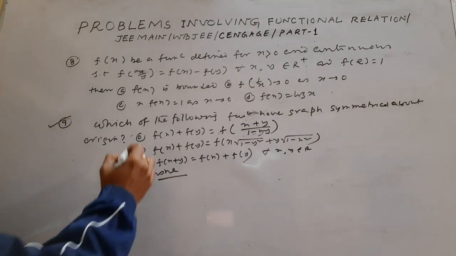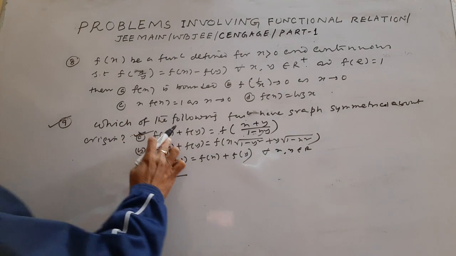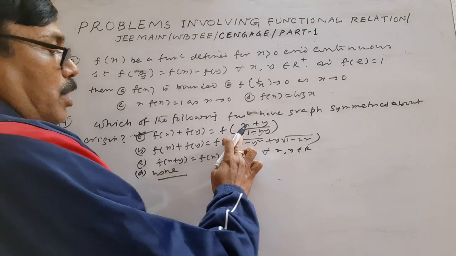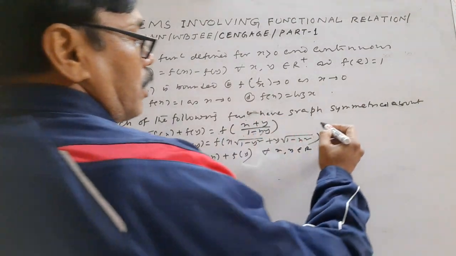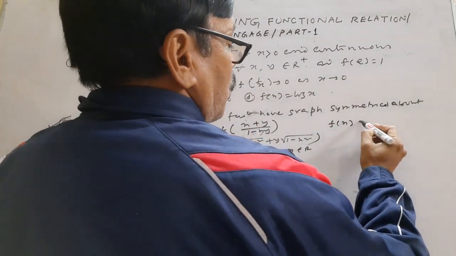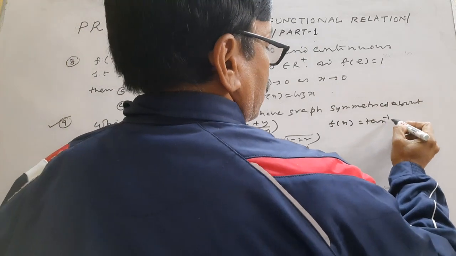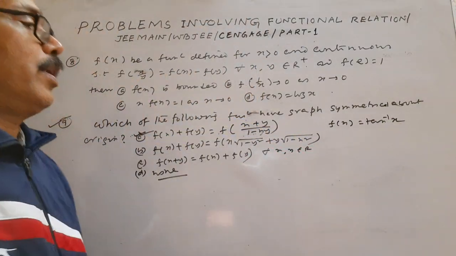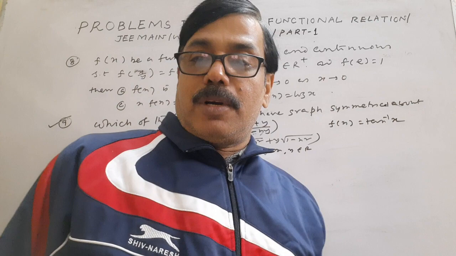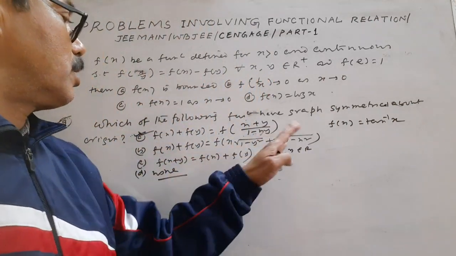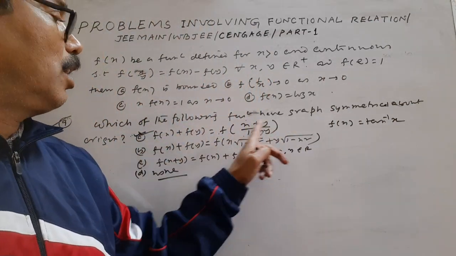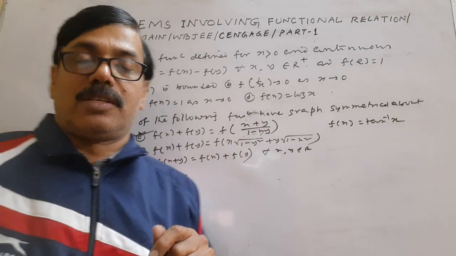We have already discussed f(x) + f(y) = f((x + y)/(1 - xy)). This is for tan inverse x. Try to recall: if f(x) = tan inverse x, then it satisfies a functional relation like this.